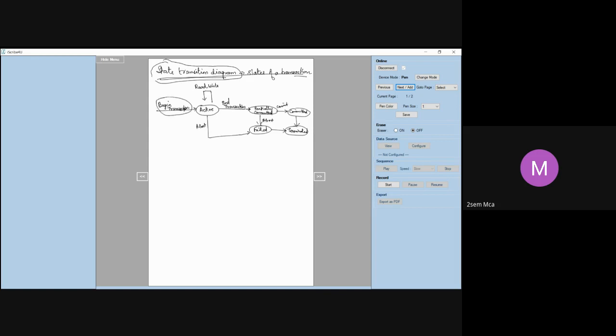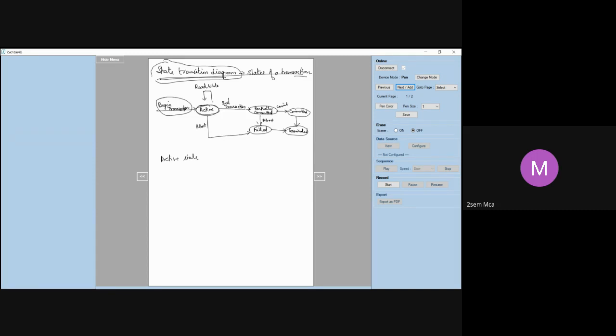Now, if you look here, first you are going to begin the transaction. That is the first step for any transaction to start its execution. It will go into the active state immediately. So immediately after it starts the execution, it gets into the active state.